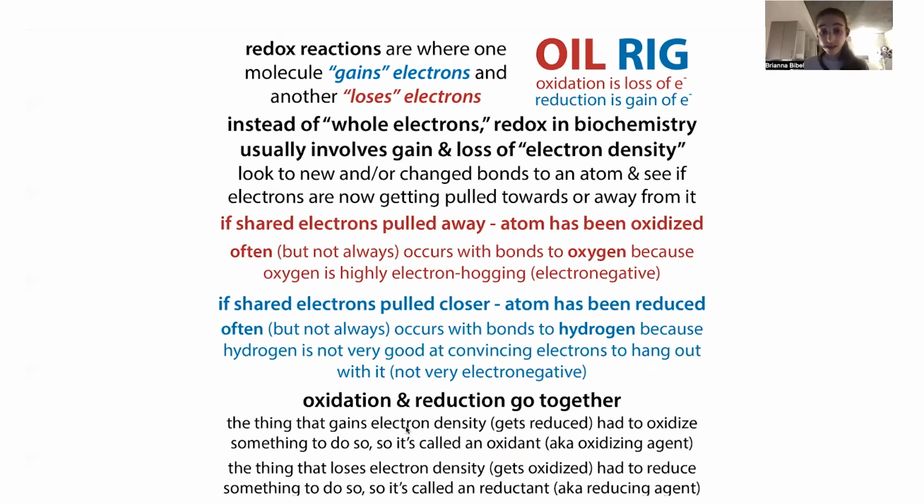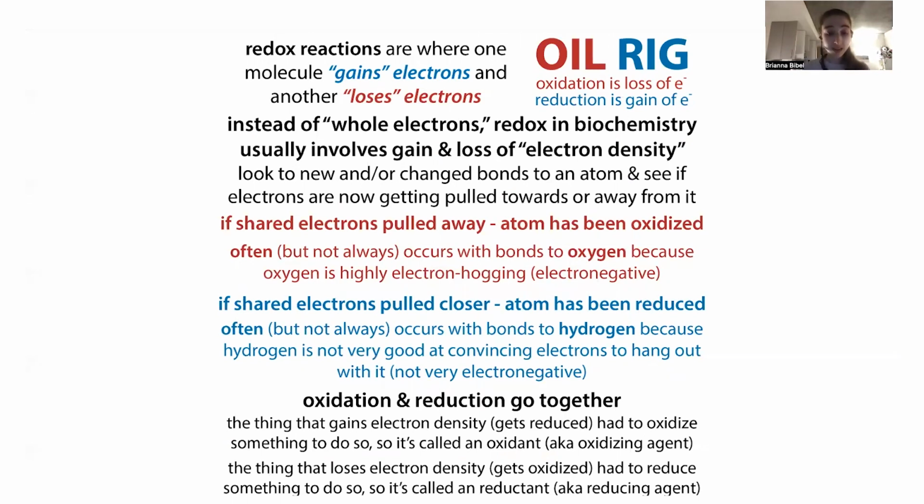The thing that gains the electron density, so the shared electrons, it's getting reduced, and it had to oxidize something else to do it. So it's called an oxidant or an oxidizing agent. The thing that loses electron density, so the thing that gets oxidized, had to reduce something else to do it, so it's called a reductant or reducing agent.